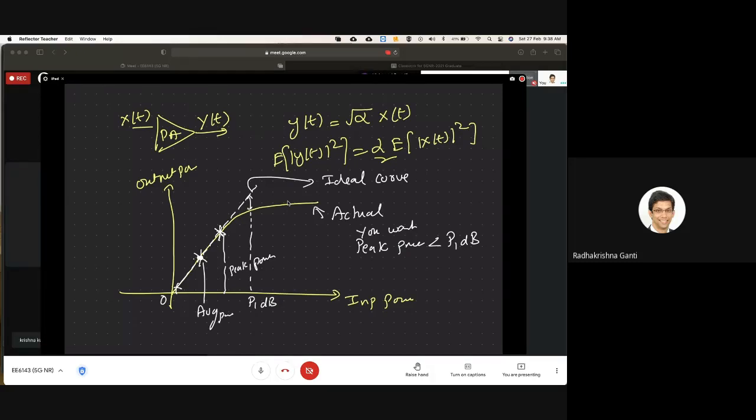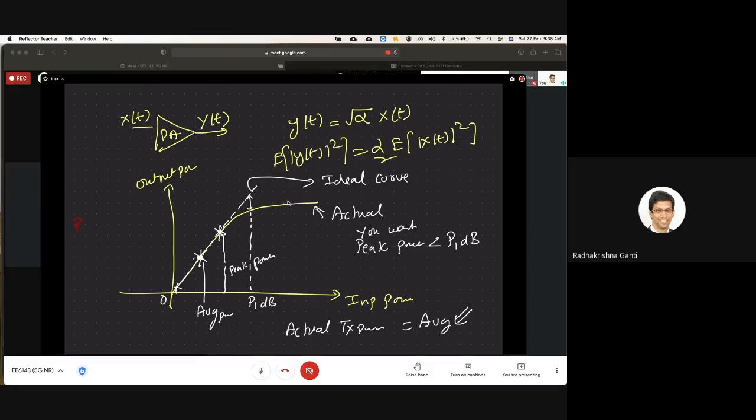The TX average power is the average. This average power in some sense dictates the range that you get, and the peak power is the one which you should back off from your P1 dB, so that you do not have non-linearities.